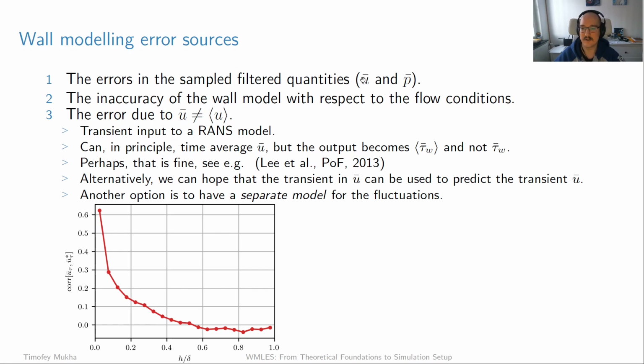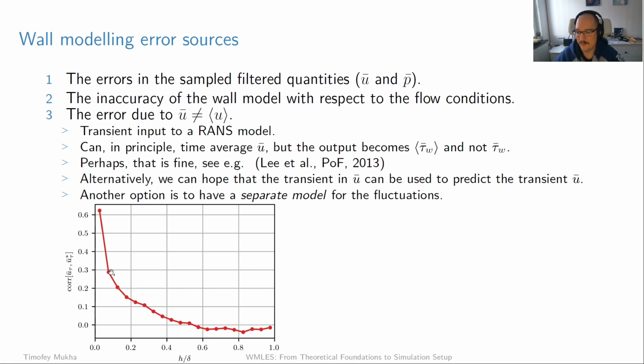So we're going to get the error in the mean instead. And typically the first consideration prevails. You want to at least get the correct mean tau wall. The fluctuations are, after all, maybe secondary. So it's a bit of an issue, but I think it's still a bit open.